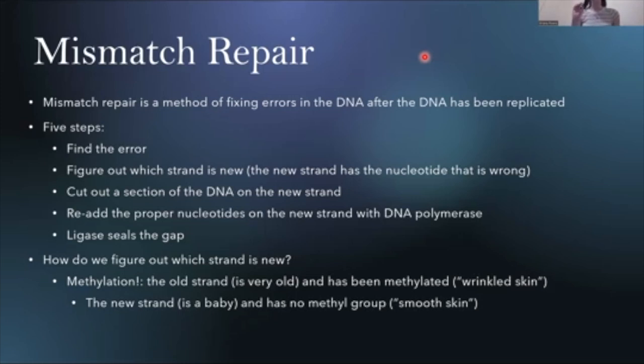And when it finds the one with methyl groups, it knows, okay, this is the old strand, this is the one that's correct. So it'll go to the other strand and say, okay, this is the new strand, this is where everything needs to be cut out and replaced. So, key point is that we tell which strand is old and new through methylation, because your new strand would not have any of the methyl groups.